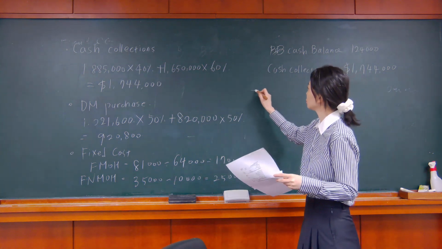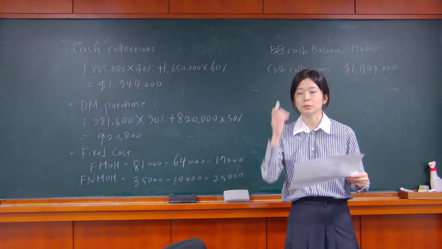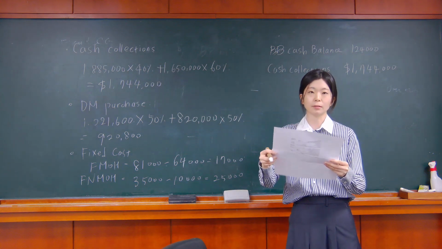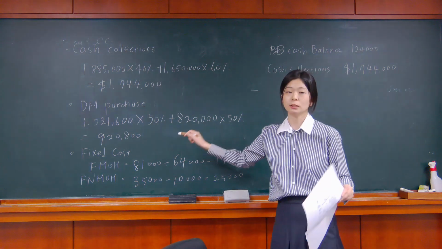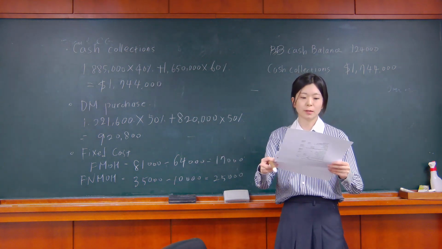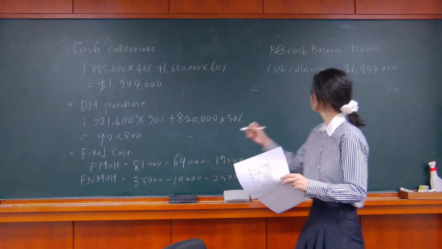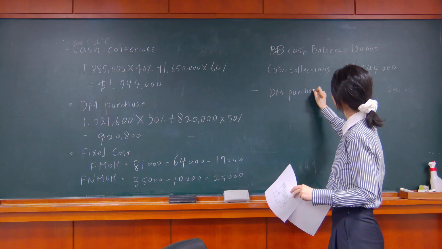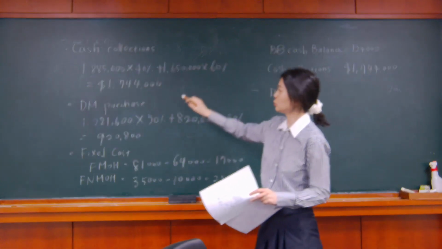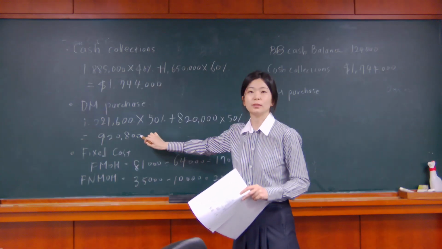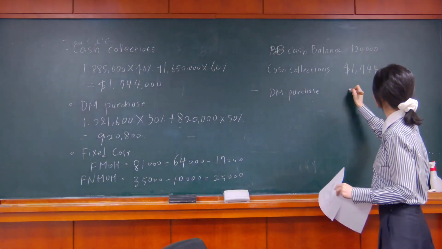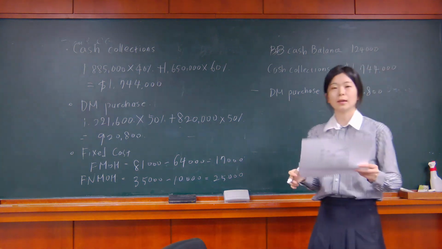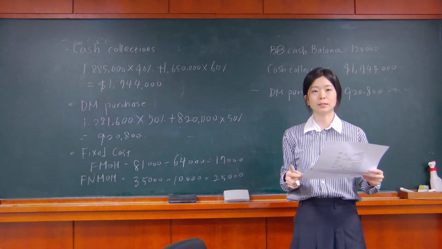But then we need to also deduct all the disbursements. So keep in mind that all other costs except for the things that we have adjusted are going to be paid in cash. Okay? So let us first start with the DM purchase. For DM purchase, we need to plug in this 920,800. Okay, and then we need to consider the DL, right?